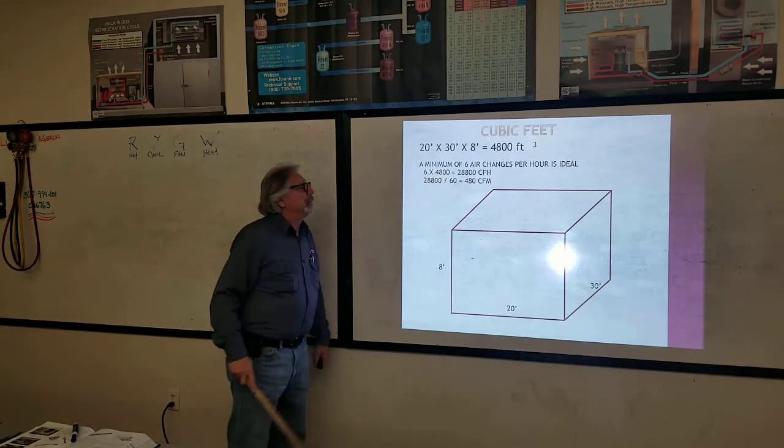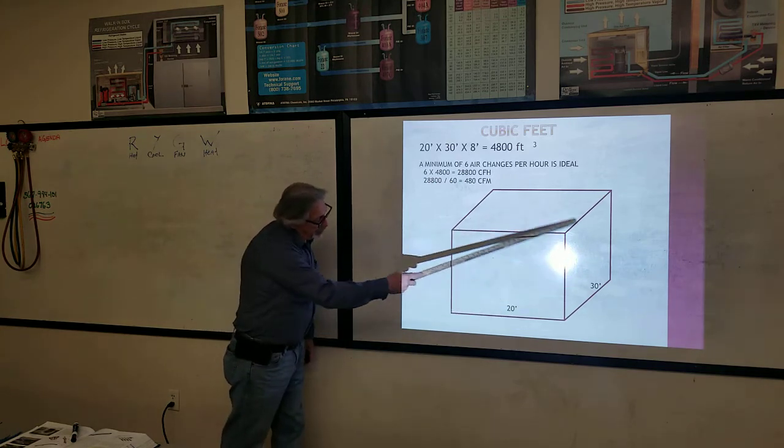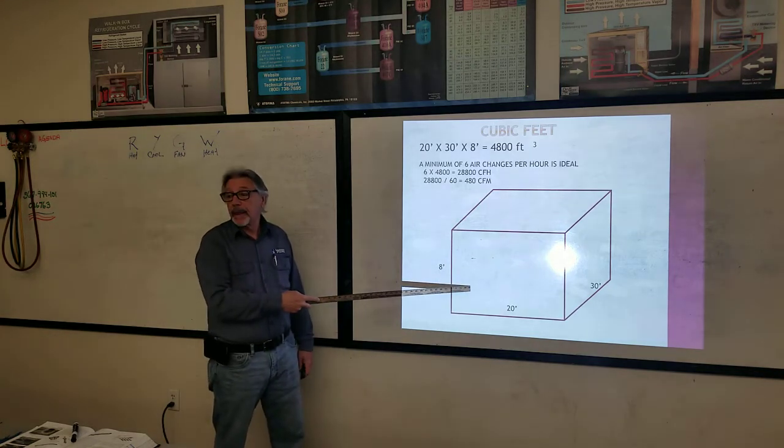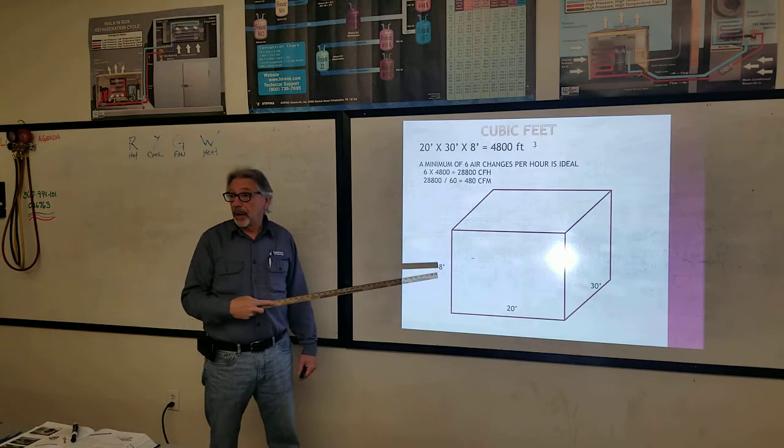6 air changes means that the air in this cube has to be changed 6 times per hour. Has to be completely removed and put back 6 times per hour.